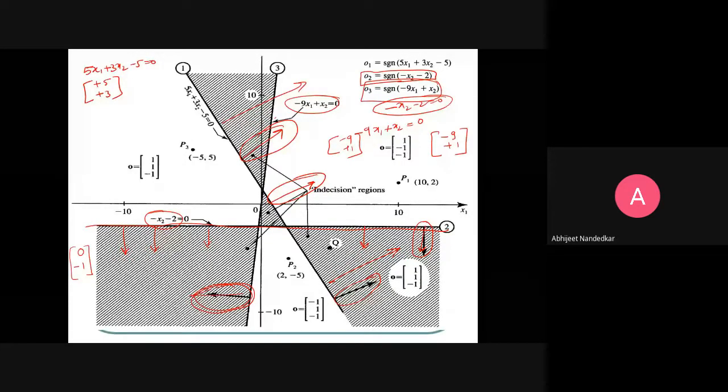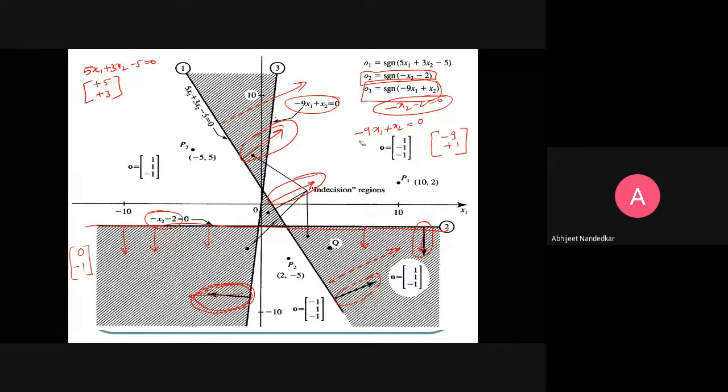So this side is the positive side of this third neuron. So what we have done is collected all the positive sides of the individual neurons.